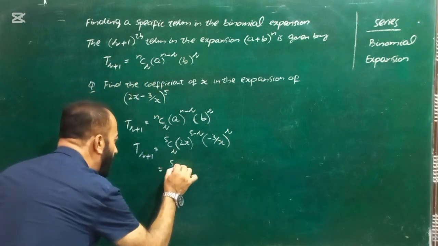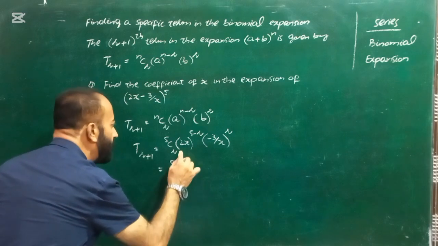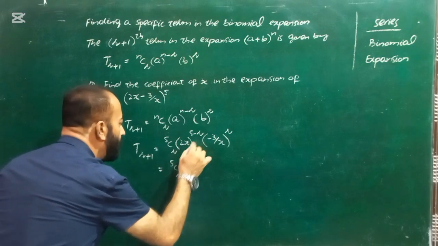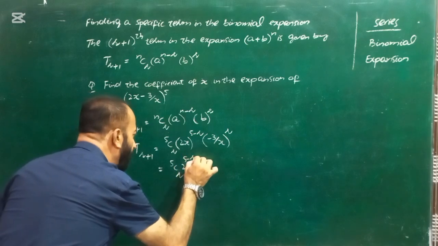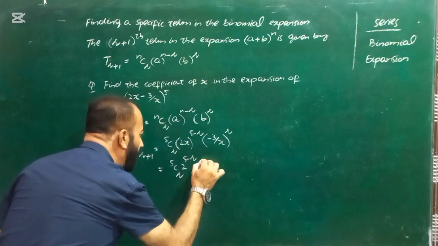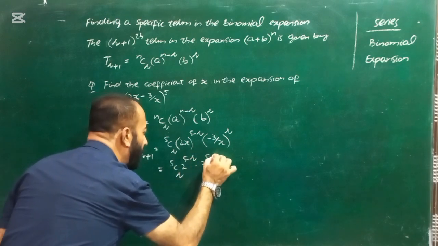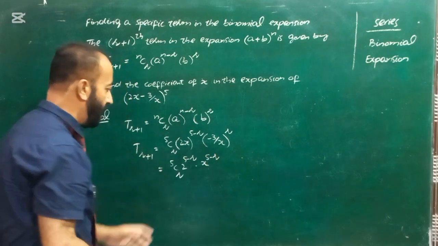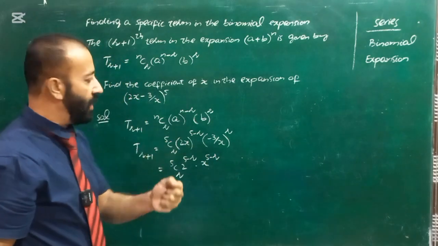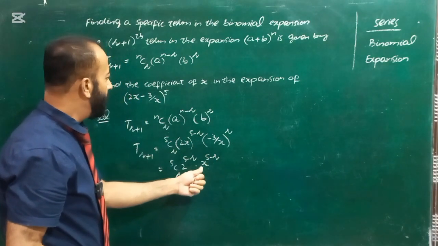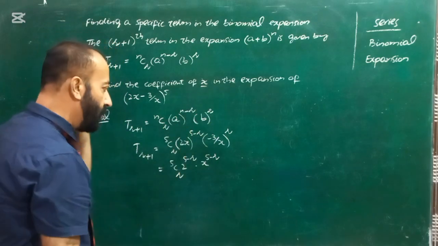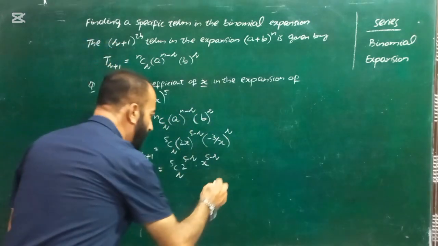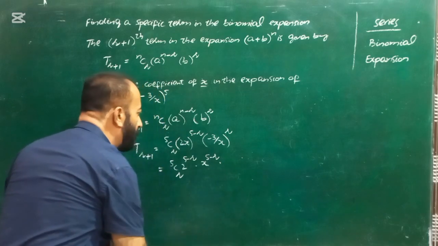So 5Cr will remain as it is, so it is becoming 2 raised to power 5 minus r, and x raised to power 5 minus r. Actually, we are going to separate and combine the values of x, because we will compare it with x then. So this is the target towards which we are moving.